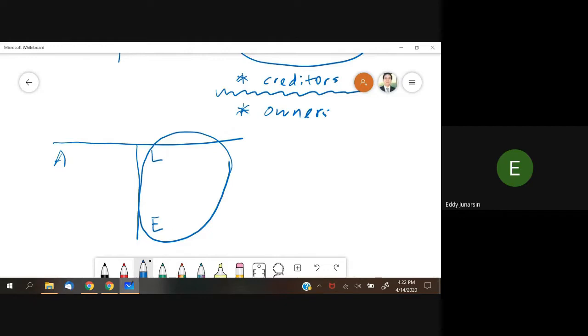So you can see a simple example here. On the liability side, we have certain types of liabilities. Maybe the easiest item to imagine is accounts payable. So we buy materials from our suppliers, and most of the time the suppliers don't charge any interest if we don't take the discount period.